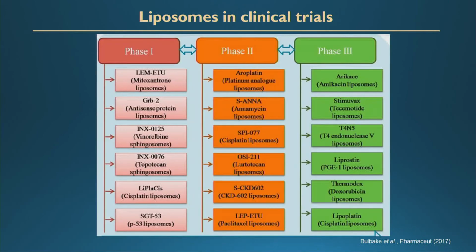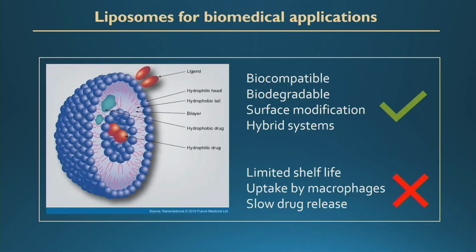Not only this, but there's a line of other new formulations of liposomes with more drugs, either for phase 1, phase 2, phase 3 clinical trials, all for drug delivery. So it's actually an expanding market and very interesting. And why is that? So the main advantage of liposomes is they are biocompatible.